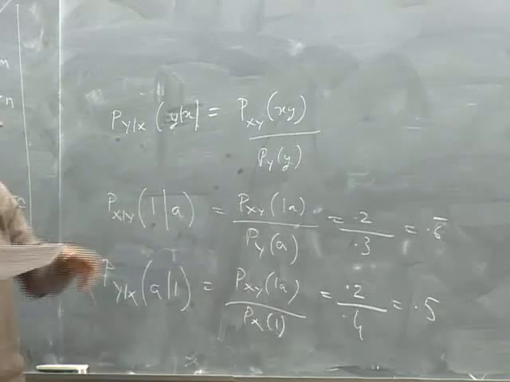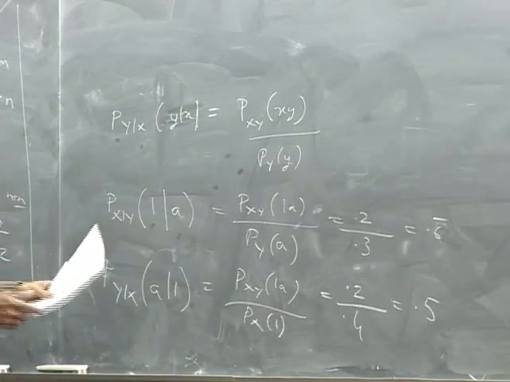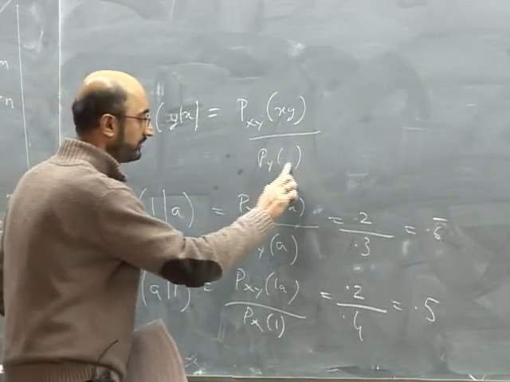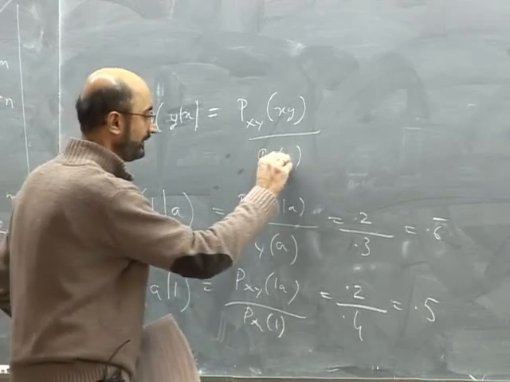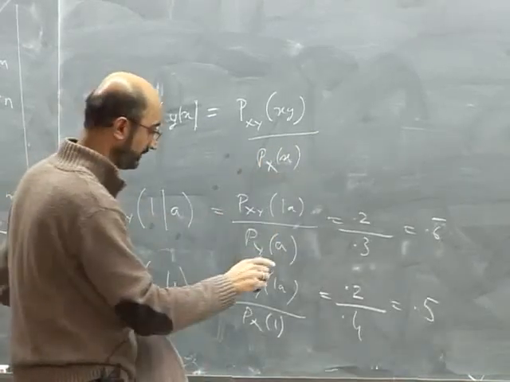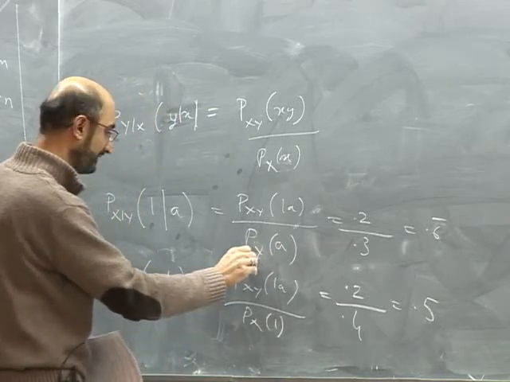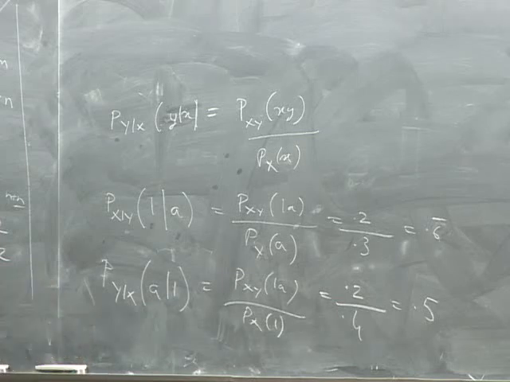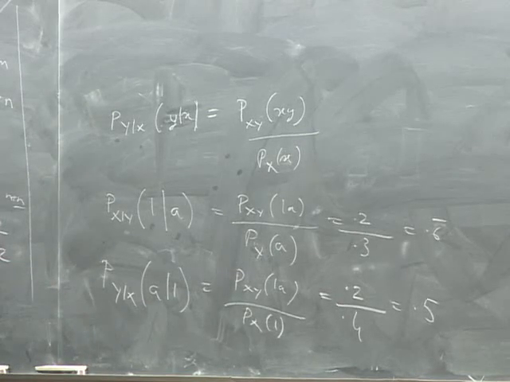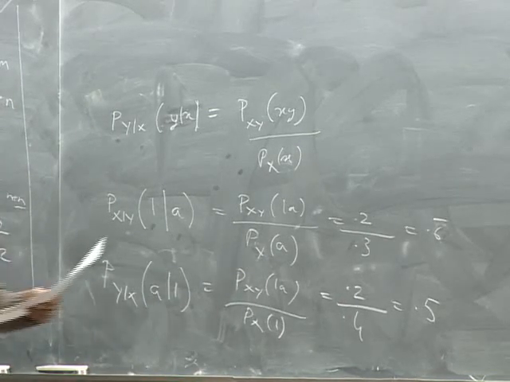It's y given x, so it will be divided by x. What am I doing here? Oops, sorry. p x, so I messed this up. Okay, p x of x. Right, it will be x. So this one is correct? Oh, that's right, x given y. Yeah, sorry, that's fine. I just made a typo there.